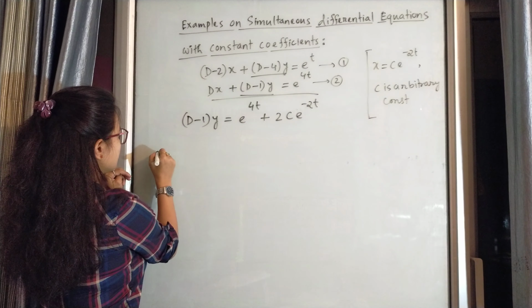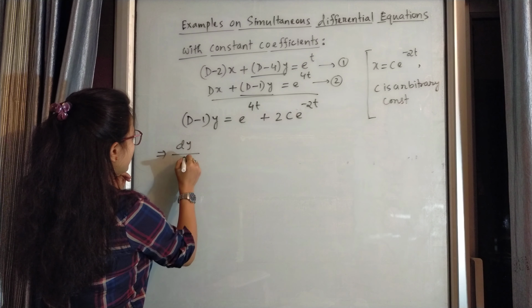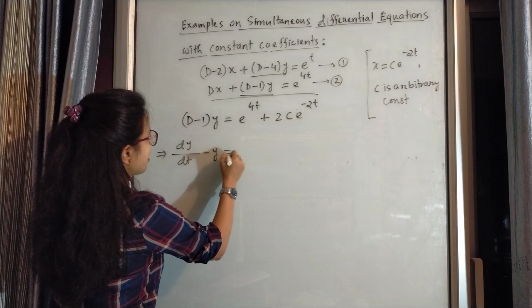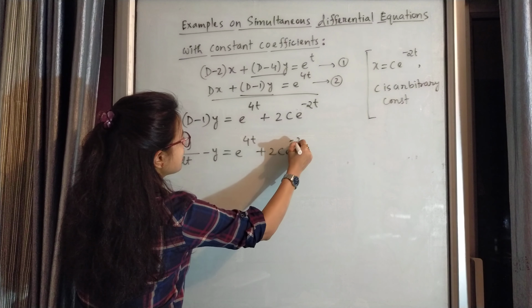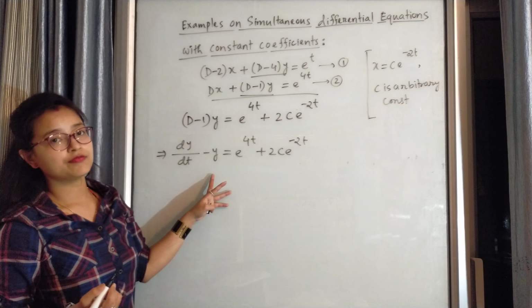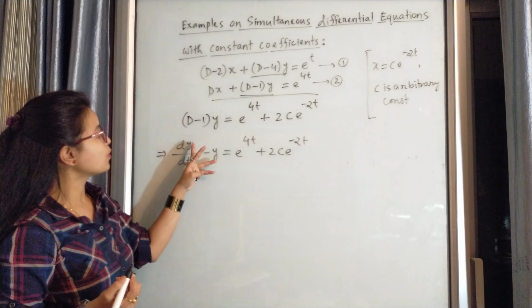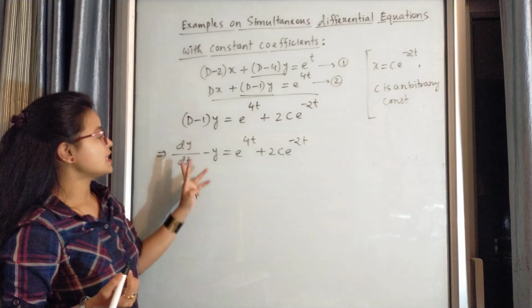So this can be written as dy/dt - y = e^(4t) + 2c e^(-2t). As you can see, it is again a linear differential equation in the variables y and t. From here we can find the value of y in terms of t.